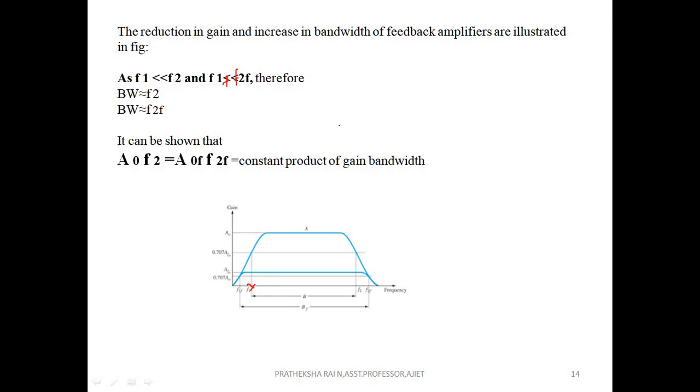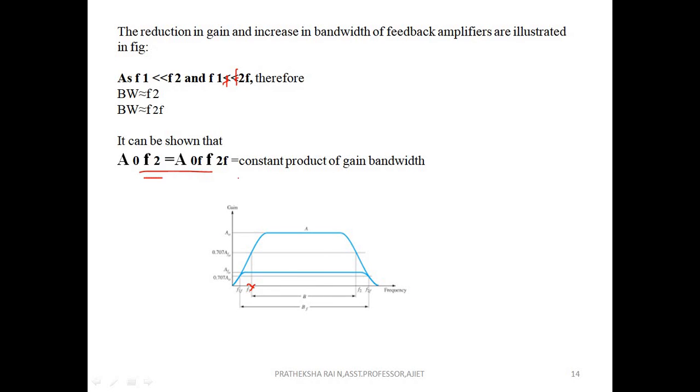For the derivation part of the voltage series feedback amplifier, you need to write the equation for gain, and then draw this diagram. This shows with feedback and without feedback how the gain is reduced and there is an increase in bandwidth. So you have to write that.